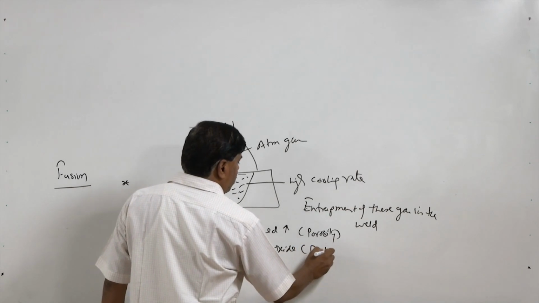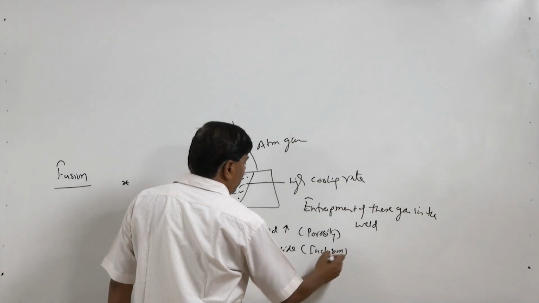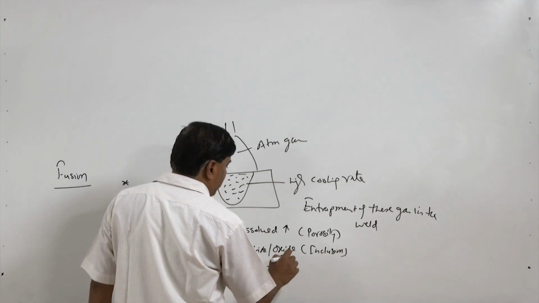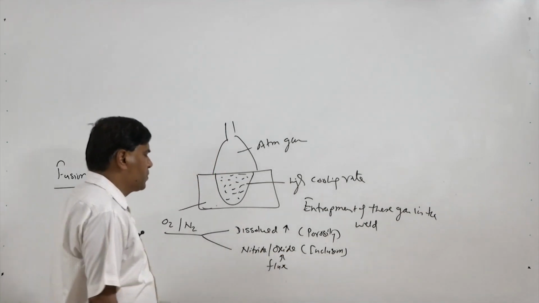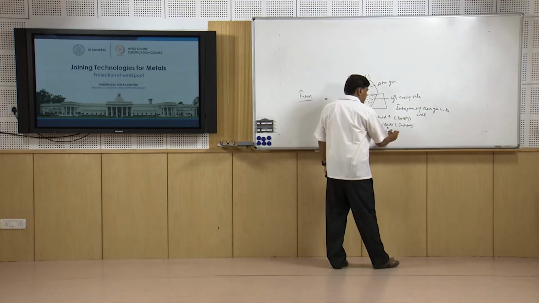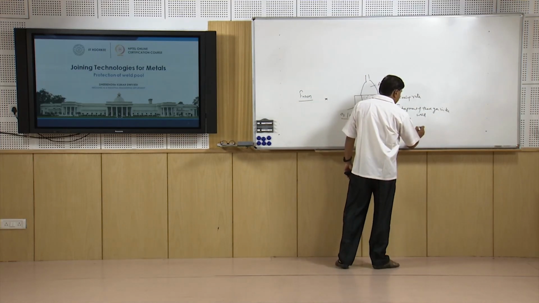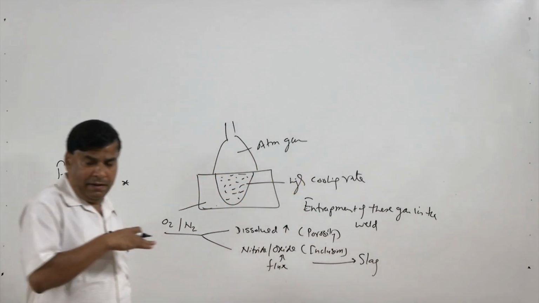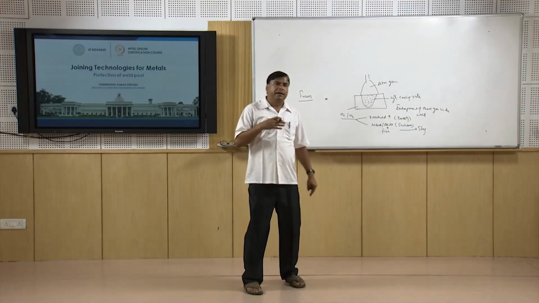So, we need to take care of these oxides and nitrides using suitable fluxes. Fluxes react with the oxides and nitrides to form slag, and slag is designed to be lighter, so it floats over the surface of the weld pool and gets separated.